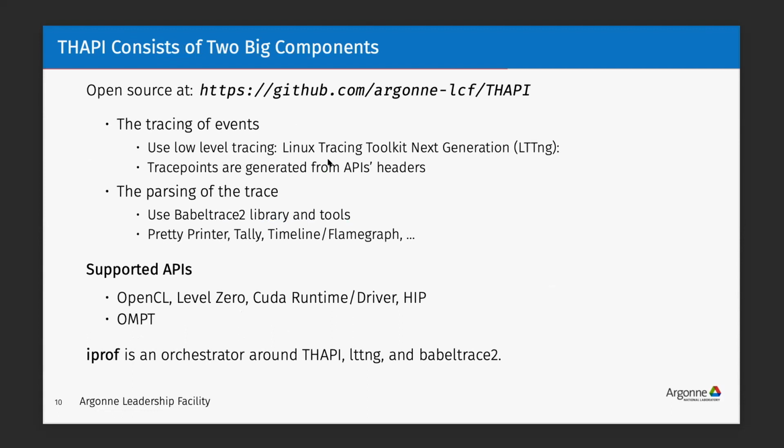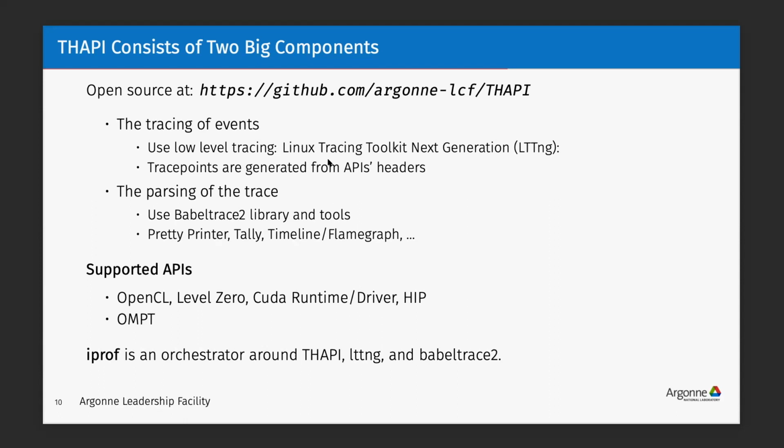We have two big components in THAPI: the tracing part and the parsing of the trace. The tracing part is done with the Linux Tracing Toolkit Next Generation, LTTng, which is what is used to trace the Linux kernel activities. But there is also a user space component that we are leveraging here, and it writes Common Trace Format, CTF, traces, which is a very efficient binary format.